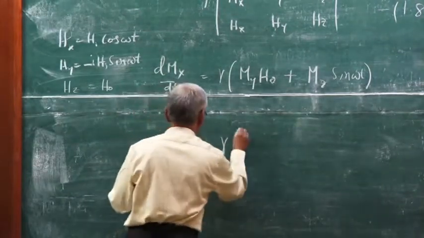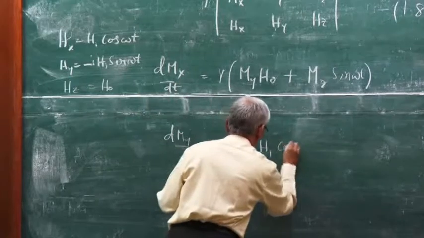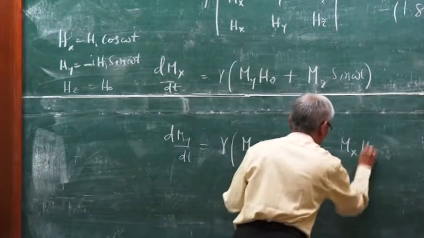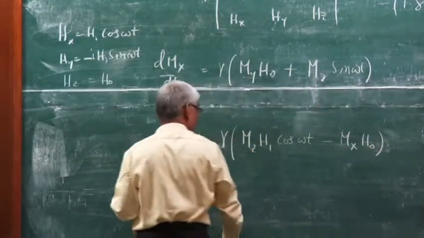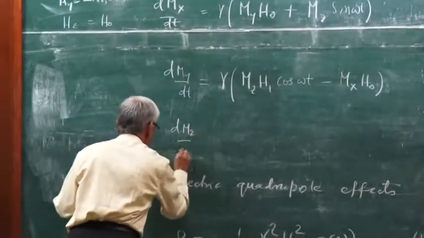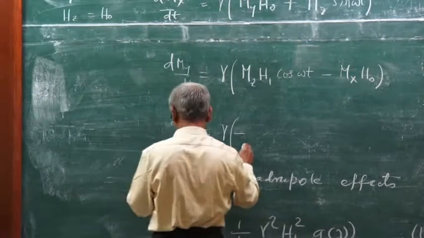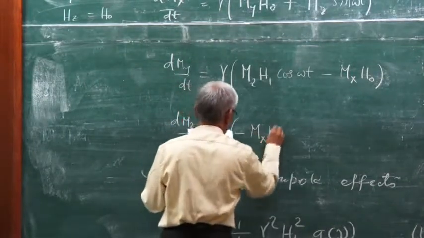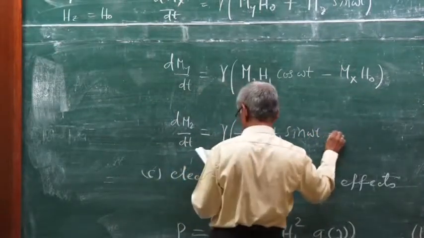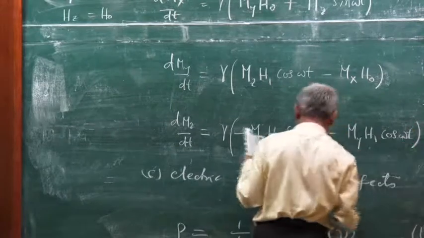Gamma Mz H1 cosine omega t minus Mx H0, and dMz/dt is gamma minus Mx H1 sine omega t minus My H1 cosine omega t.